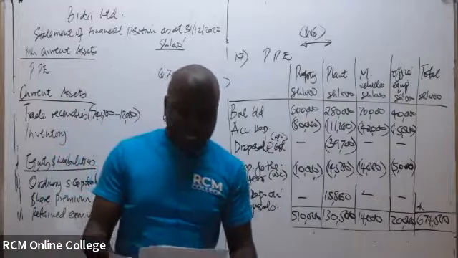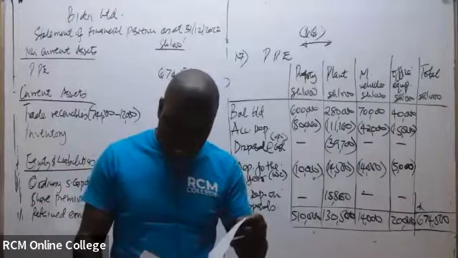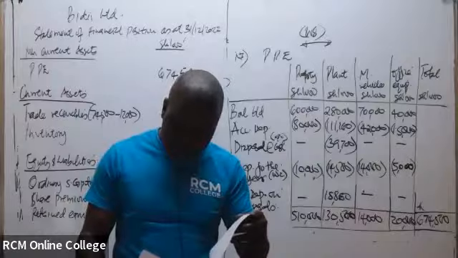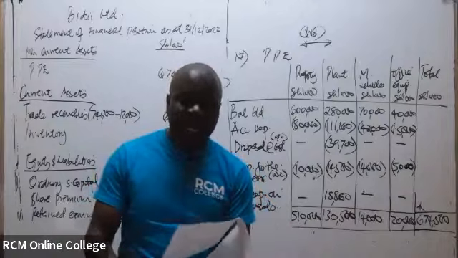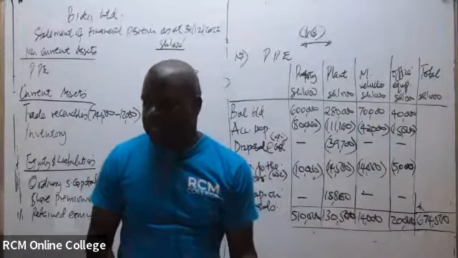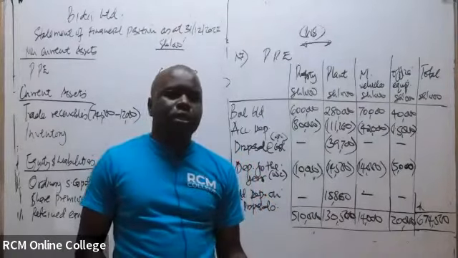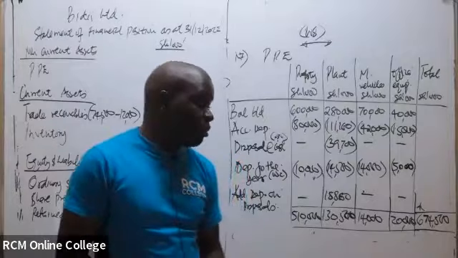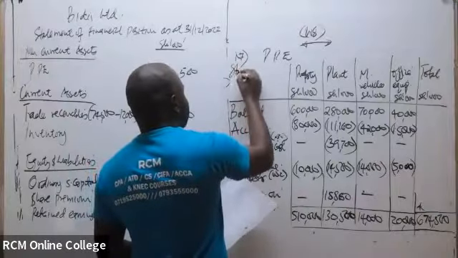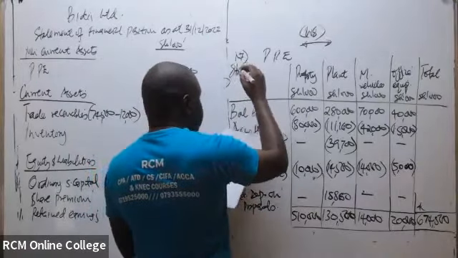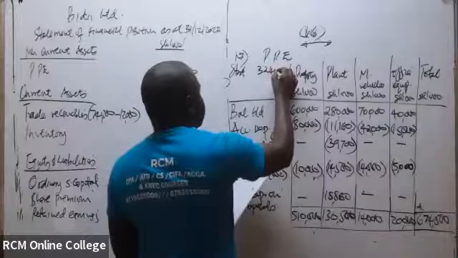So remember, the figure of deferred tax that you've been given in the trial balance is the deferred tax at the start of the year. And you are told it was 32,400.